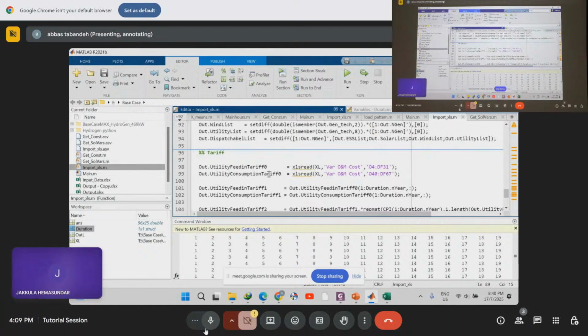And here we extract and define our tariff data, feed-in tariff data, as well as the consumption tariff data.